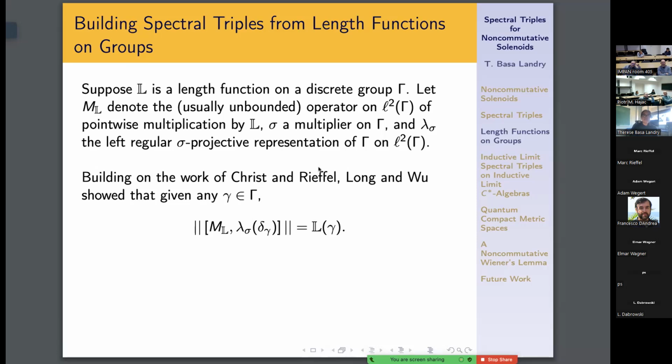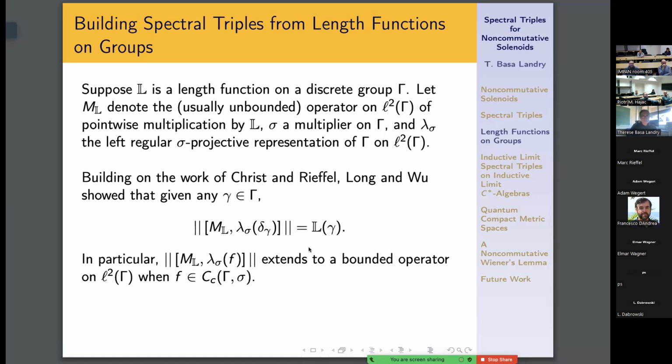Long and Wu showed that given any element of the group, if you take the norm of the commutator with this operator and the Dirac function, then that gives you exactly the length of the group element. And in particular, when your function is a continuous function of compact support, this extends to a bounded operator on the L2 functions.